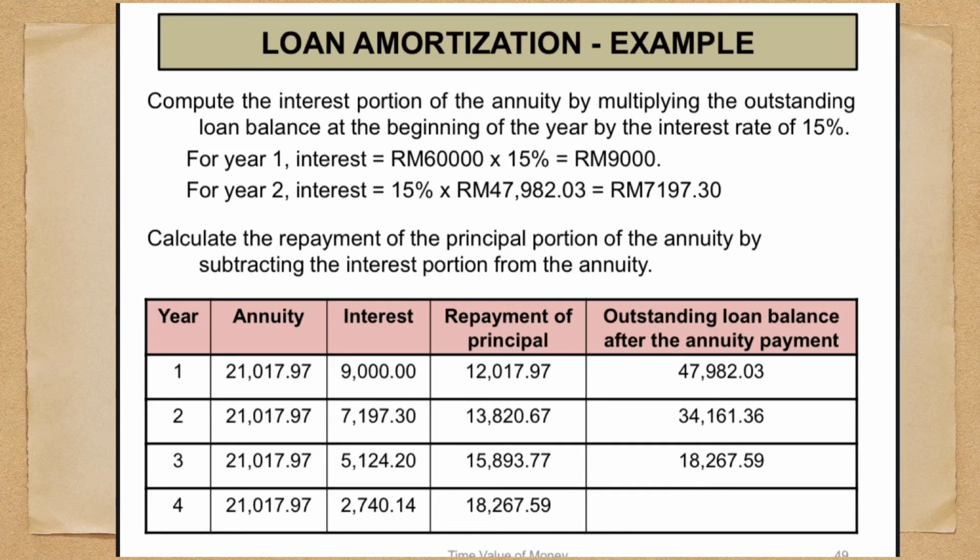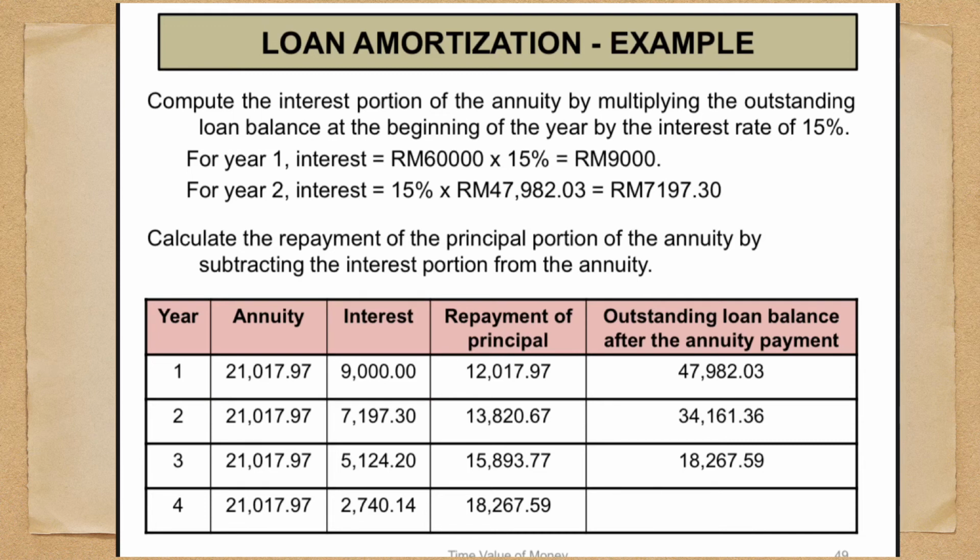Now we go to year 2. For the annuity, the annual repayment is always the same, so year 2 is also the same as year 1, 21,017 ringgit and 97 cents. For the interest, you have to calculate it every year.